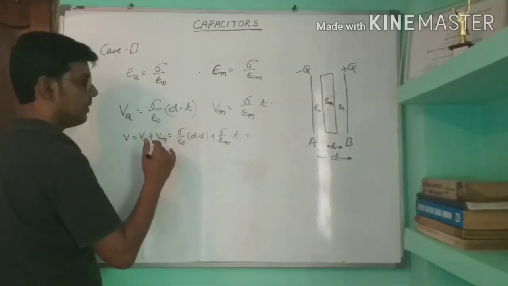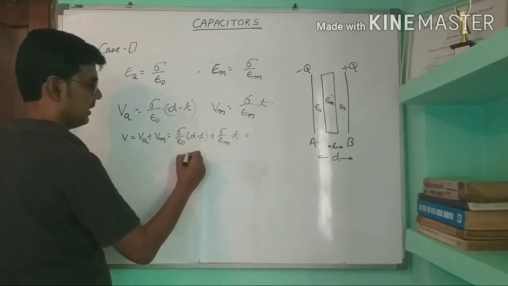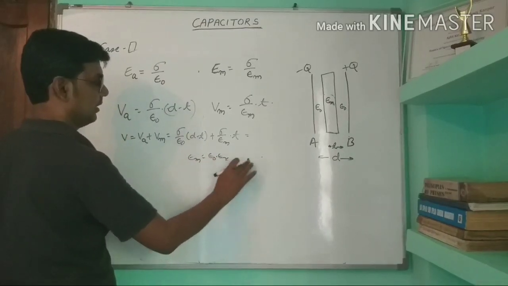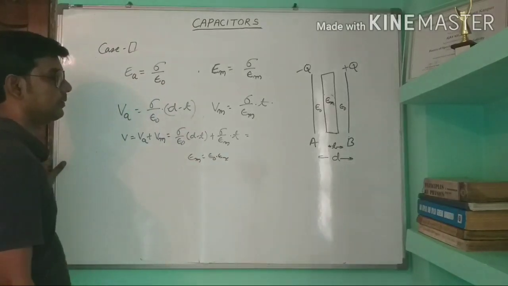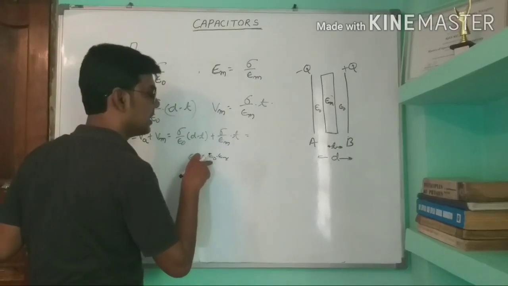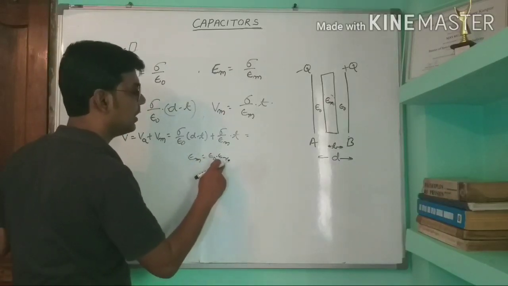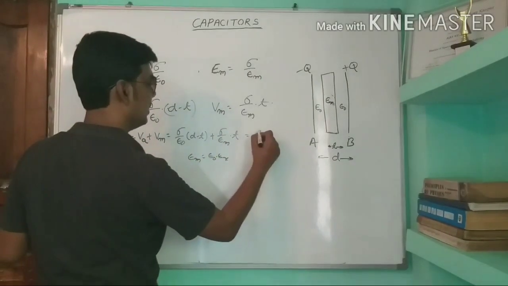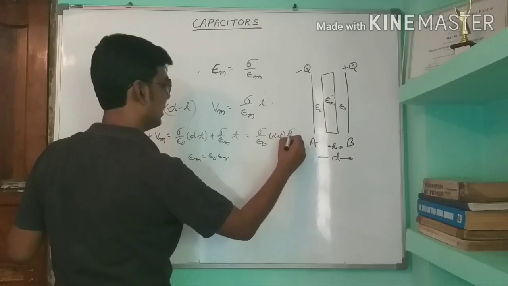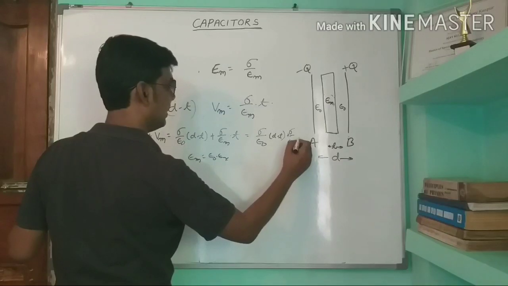Now take out sigma. We can write epsilon m equal to epsilon 0 into epsilon r: the permittivity of that dielectric is epsilon m, and the permittivity of free space is epsilon 0. So we replace epsilon m with epsilon 0 epsilon r, giving sigma by epsilon 0 into d minus t, plus sigma by epsilon 0 epsilon r into t.